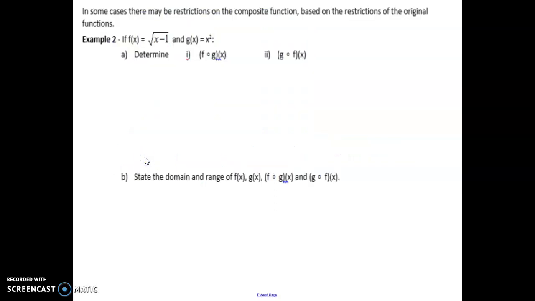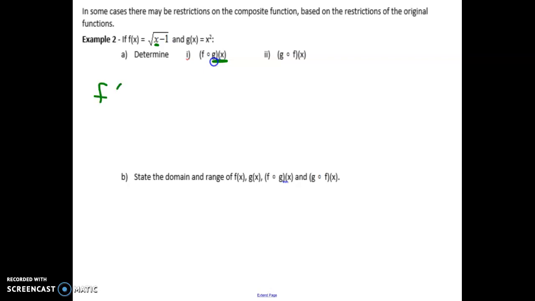So this is example 2 on your handout. Now we're going to find the equations and look at restrictions of these functions. So first we're going to determine f of g of x. That means g of x is my inner function, and I'm going to put g of x in for x in my f function.